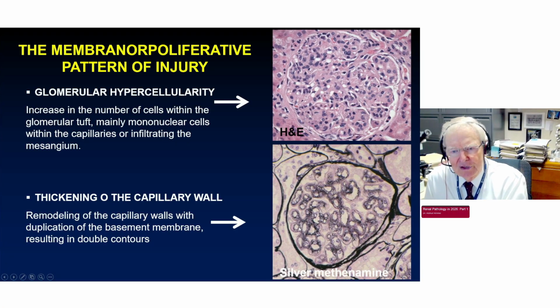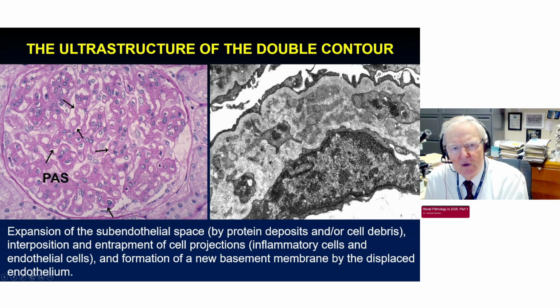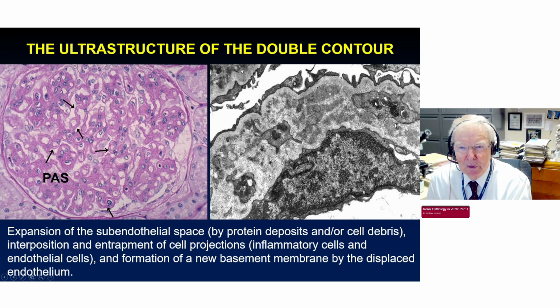This is when the endothelial cell regenerates and forms a new basement membrane, and in between the two layers you have, as shown here, layers of electron-dense deposits, immune complexes in other words, sometimes also paraproteins, and interposition of cell fragments. Notice here the endothelial cell is displaced. It should be attached to the basement membrane here.